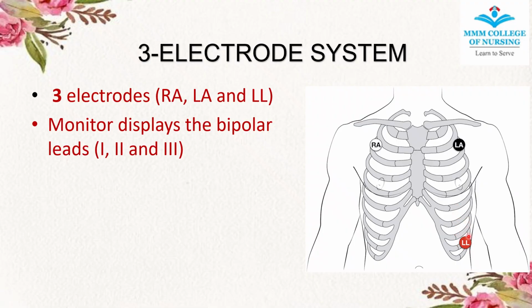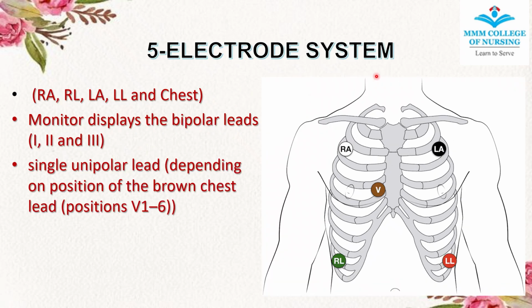These 3 electrodes help us in recording the standard leads, that is, the bipolar leads: lead 1, lead 2 and lead 3 are recorded using the 3 electrode system. In the 5 electrode system, along with 4 limb electrodes, we will have one chest lead also positioned for recording the ECG changes which are happening.